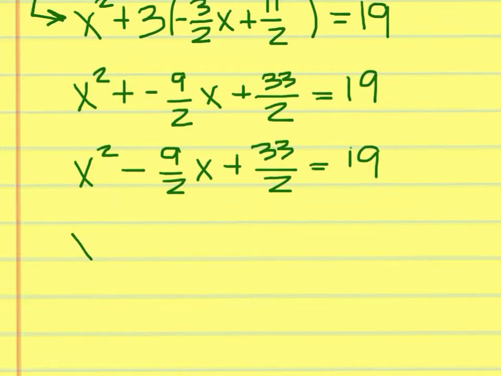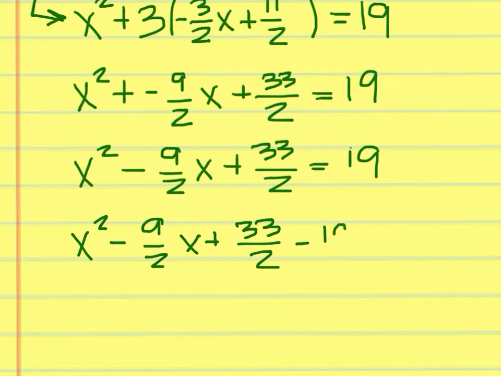So x squared minus 9 halves x plus 33 over 2, and then move the 19 to the left and make it minus. Of course, we have to combine 33 over 2 minus 19.